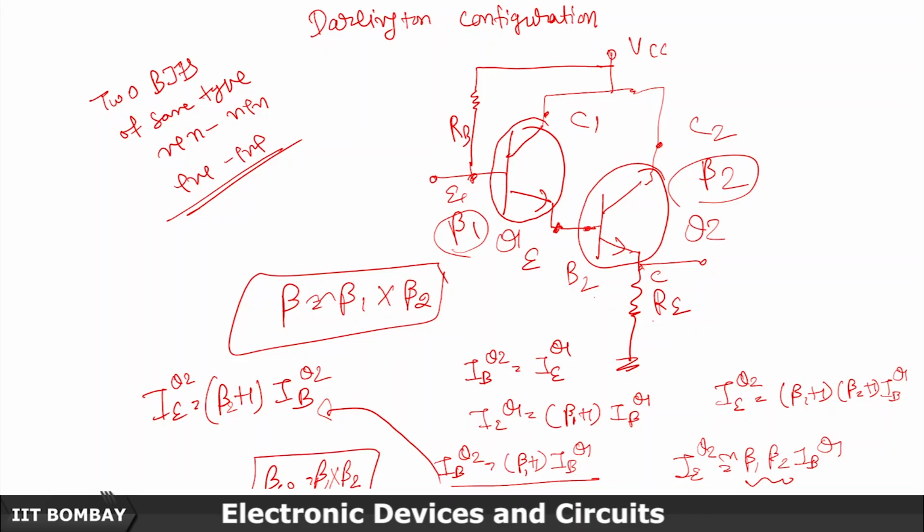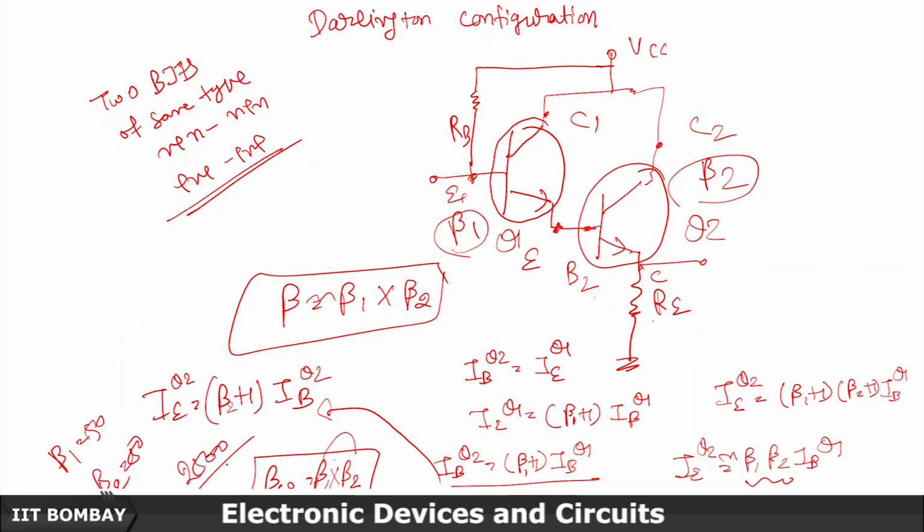So the advantage of this Darlington configuration, as is evident, and this is one case of multiple BJT networks, is that two transistors are connected together in such a way as to multiply their gain. So very high gain can be obtained. Suppose beta 1 is 50 and beta 2 is 50, then it will simply get squared, 2500.